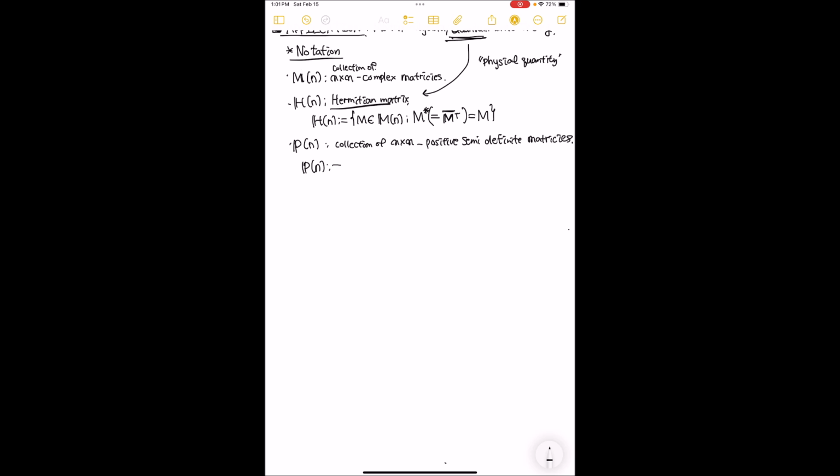Explicitly, if we define the set of complex matrices M such that X transpose M X is positive, where X means a column matrix, an n by 1 matrix and its transpose, that is Pn. And Un is the unitary matrix.